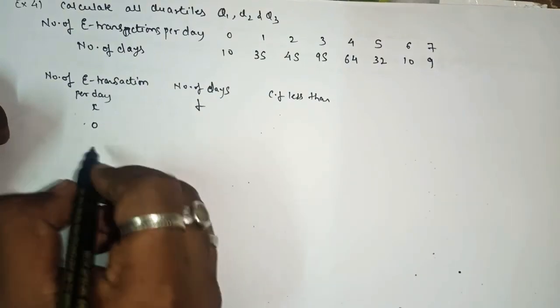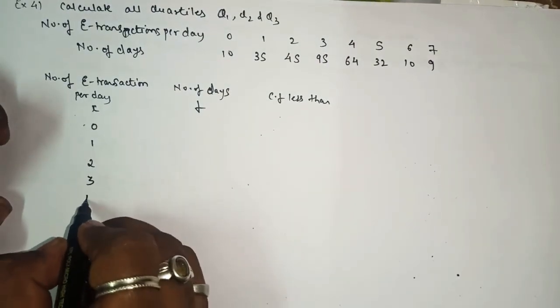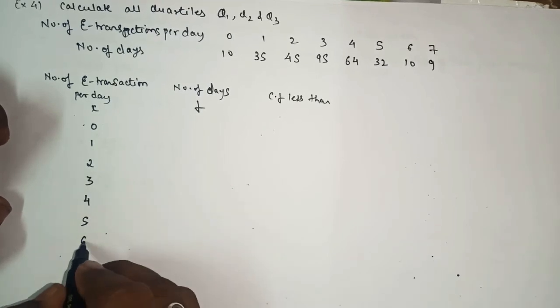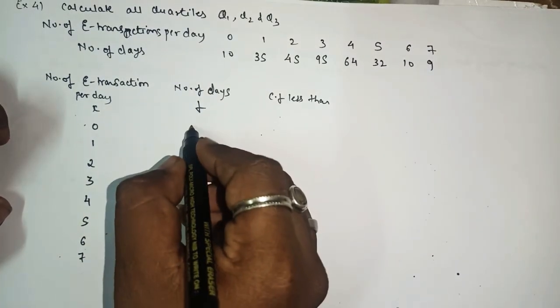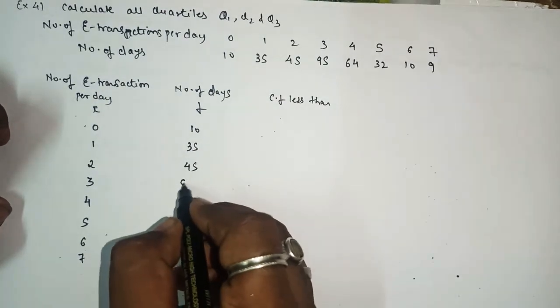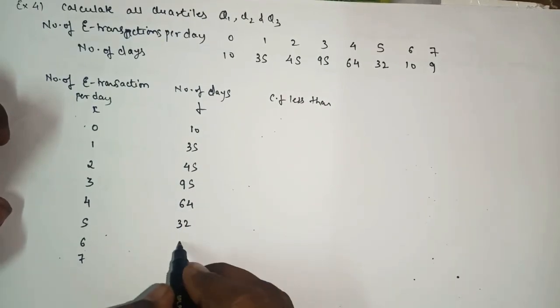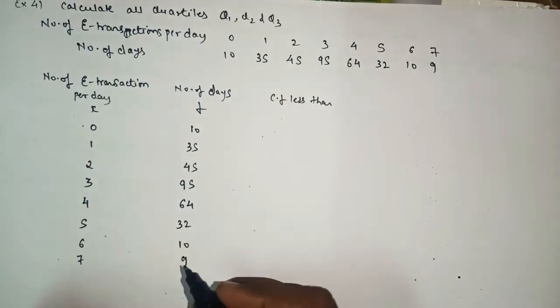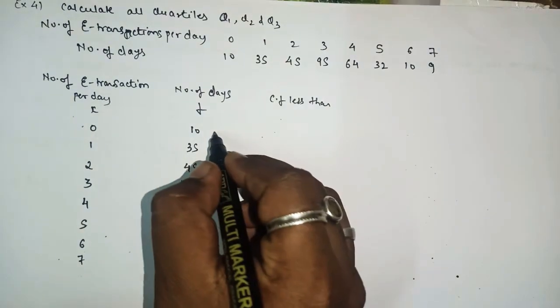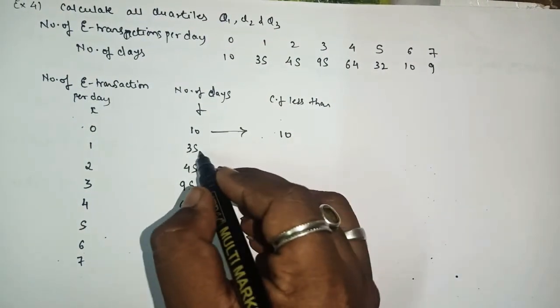Here we have 0, 1, 2, 3, 4, 5, 6, 7. Number of days: 10, 35, 45, 95, 64, 32, 10, and 9. I hope you know how to find the cumulative frequency. The first number you write as it is, then go on adding.